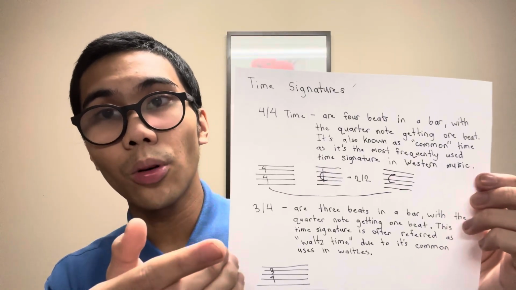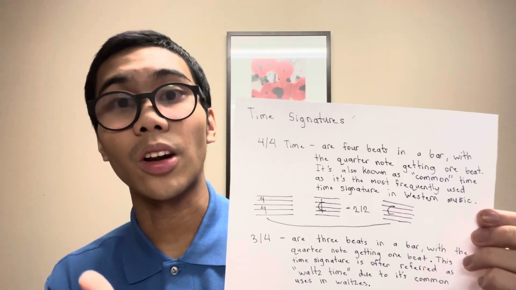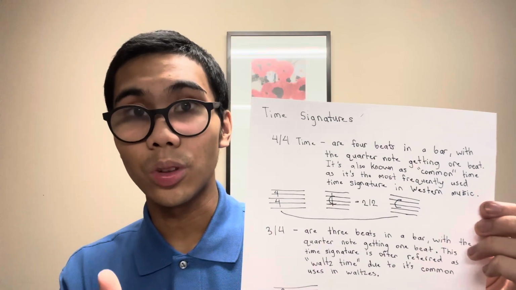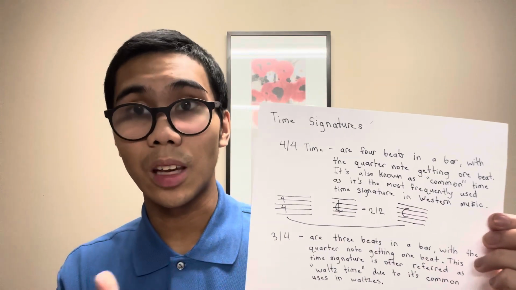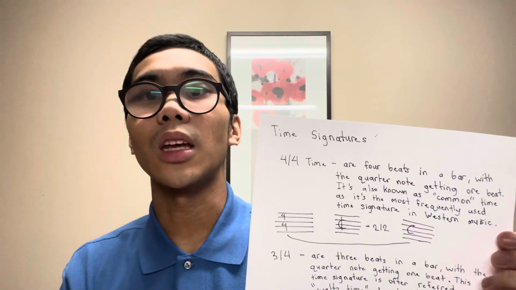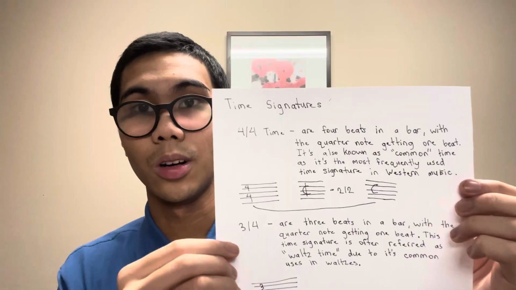The 4/4 time signature is often called common time because it's frequently used in many pieces and many songs, and you can encounter a lot of sheet music with this time signature.